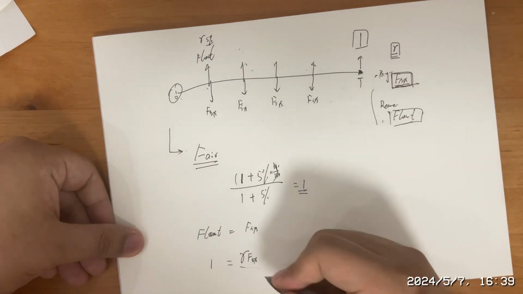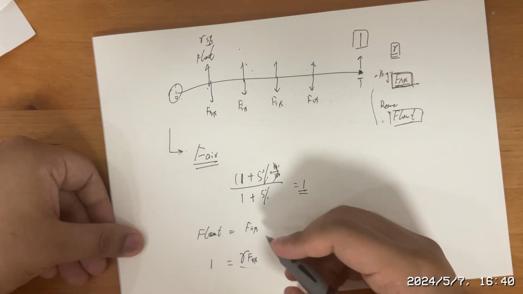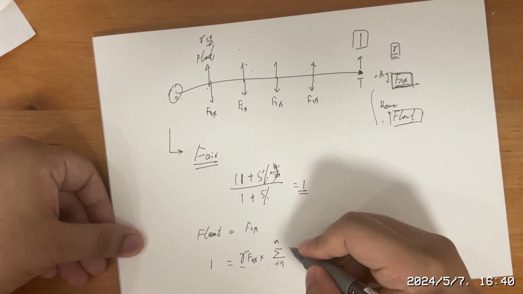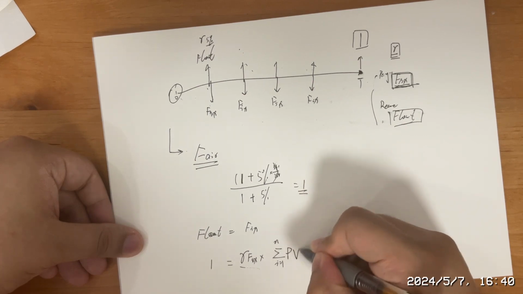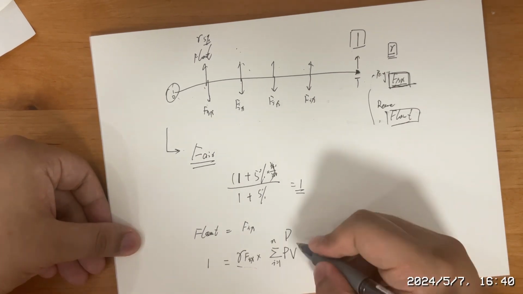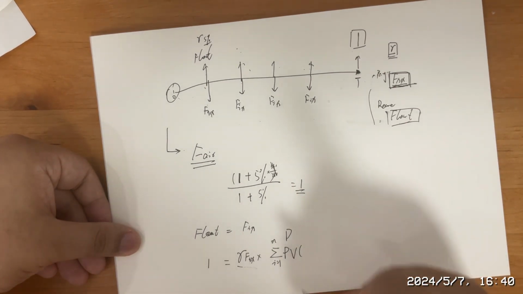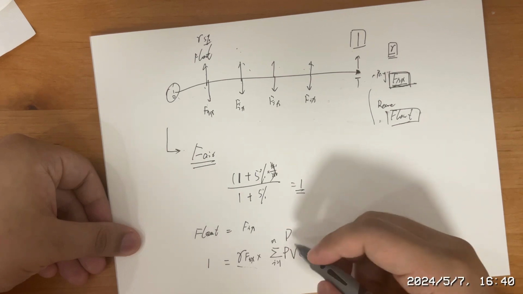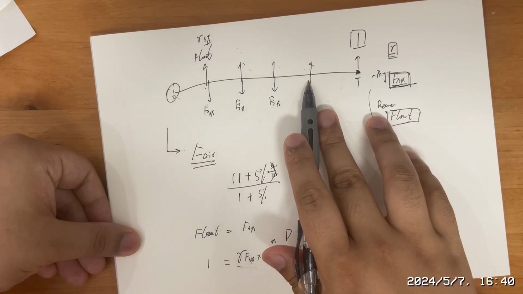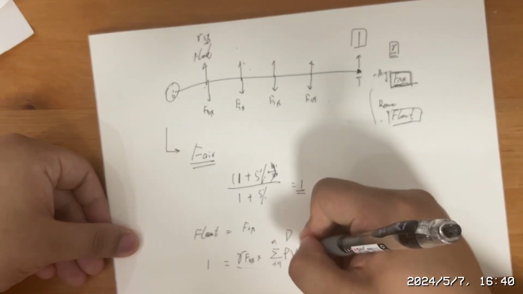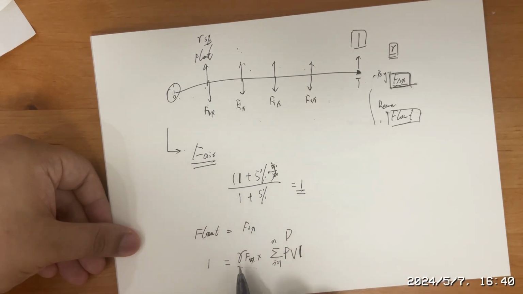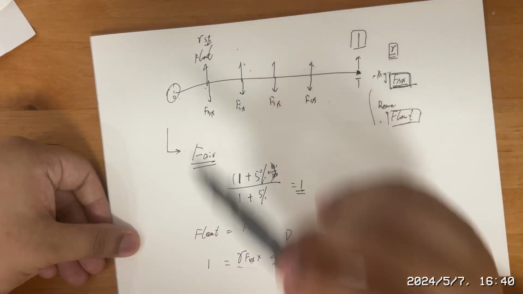So you do the summation here. The fixed rate multiplied by the summation, i from 1 all the way to n, of the present value or discount factor, for the different periods. Most of the time the accrual is just 1, and multiplying the fixed rate by 1 gives that specific coupon.